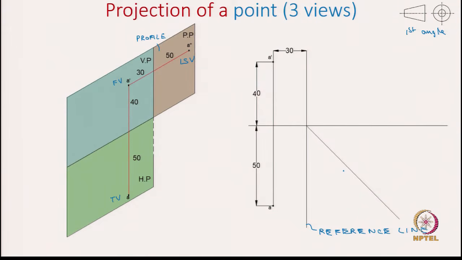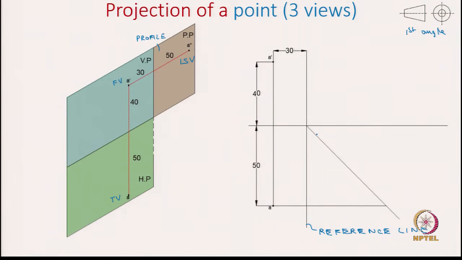For that we draw a line which is at 45 degrees in the fourth quadrant.